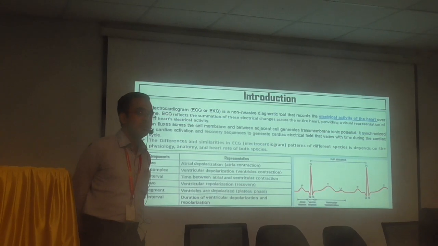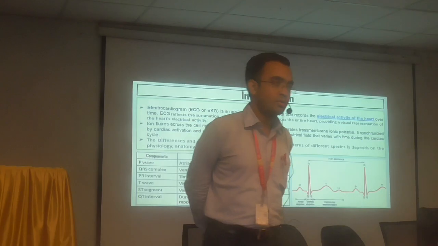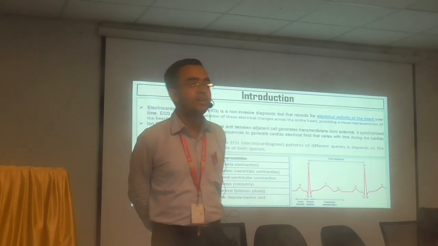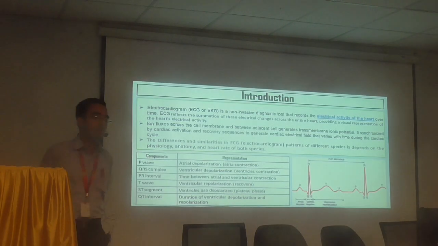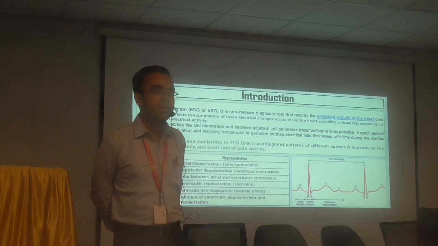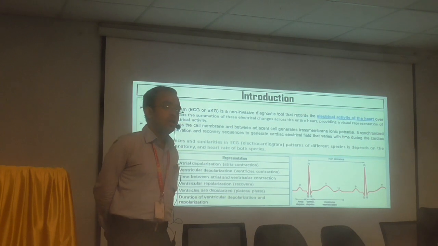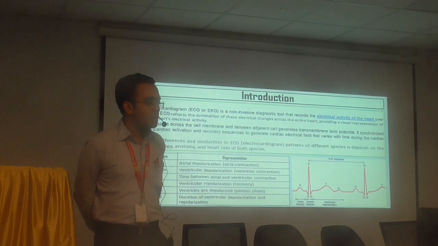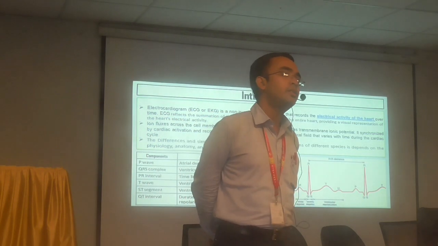Heart muscles contain several autorhythmic fibers. They generate electrical potential or action potential that are responsible for the signaling, the electrical activity of the heart, right? So the heart has two major functions. One is mechanical and another one is electrical.